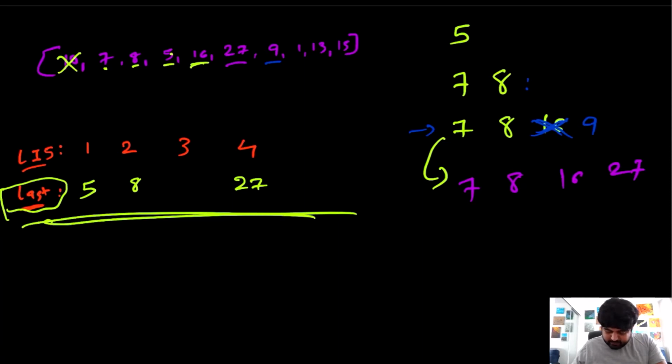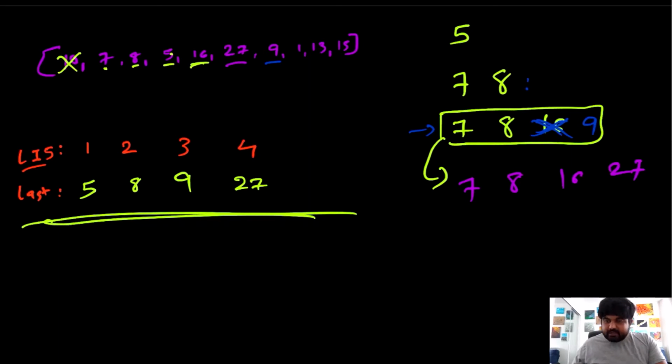So let's update this in our array as well. For the value 3, the best we can find is 9, and that would be the subsequence 7, 8 and 9. So far we are keeping track of all the subsequences that we have found with the values 1, 2, 3 and 4, and we are also keeping track of the last digit that we have calculated so far.